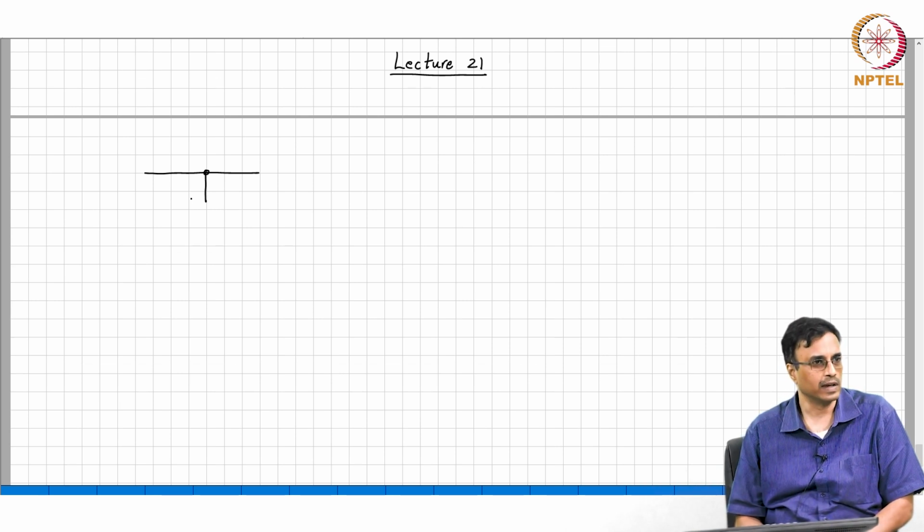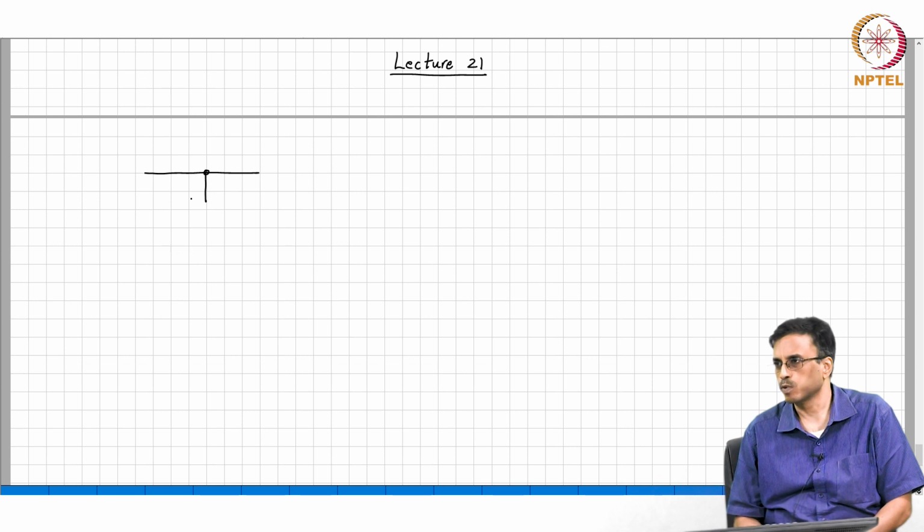Of course, you can only get close, you can't make it infinite. Now, that basically means that the gains of the individual stages must be as large as possible, right.